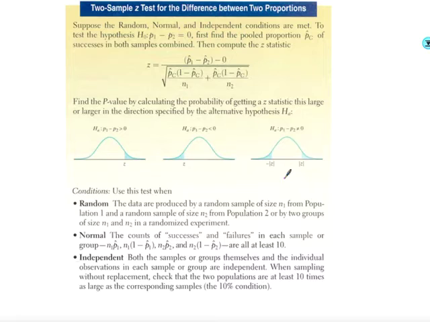Normal, so the counts of successes and failures in each sample or group, n1 times p hat 1, n1 times 1 minus p hat 1, n2 times p hat 2, and n2 times 1 minus p hat 2, are all at least 10. And independent, so both the samples or groups themselves and the individual observations in each sample or group are independent. When sampling without replacement, check the two populations are at least 10 times as large as the corresponding samples, and so that would be your 10% condition.